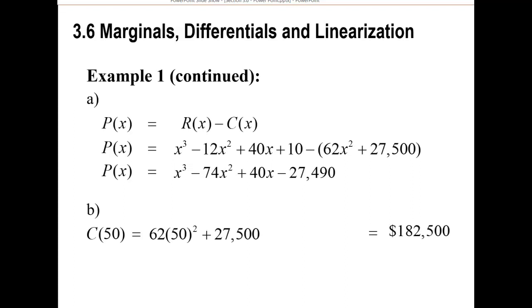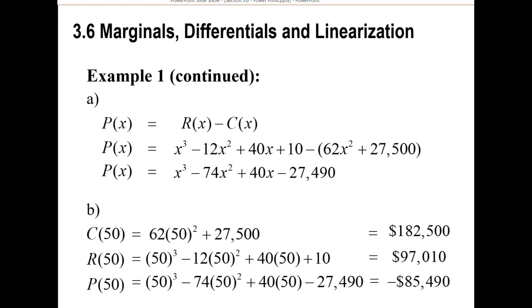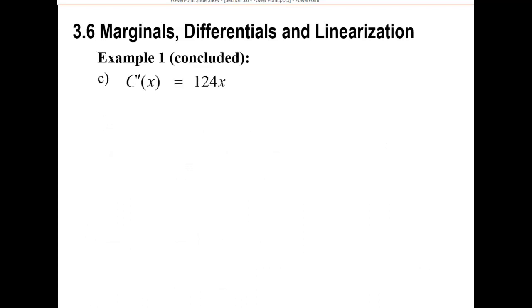Part B, taking the cost function at 50 units gives me $182,500. Revenue function for 50 units, $97,010, and the profit function for 50 units, negative $85,490. So that's just the cost, revenue, and profit of producing 50 items.